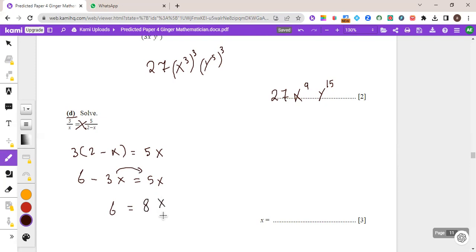And then we're going to bring the 3x over there. It's going to be 3 plus 5, which is 8x. 6, and then 8x divided by 6, cross 6 from there. So we're going to have 8x over 6. So over 8, which is 3 over 4.